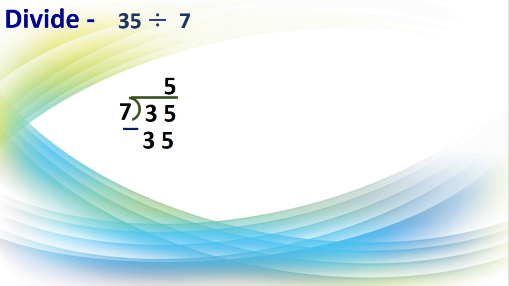Next, divide 35 by 7. Okay, 7 5s are 35. We will go directly now. We don't write tables over there. 7 5s are 35, so 35 minus 35 is nothing but 0. One more, 88 divided by 10.